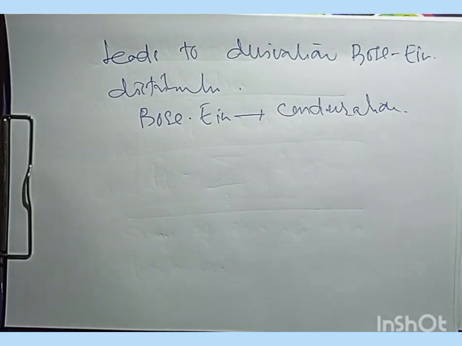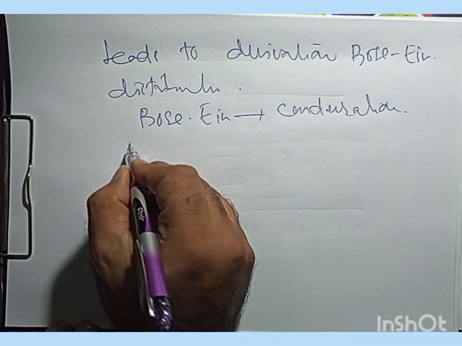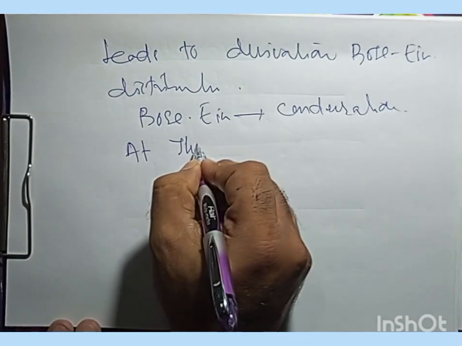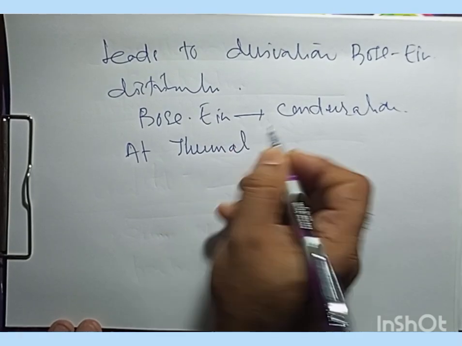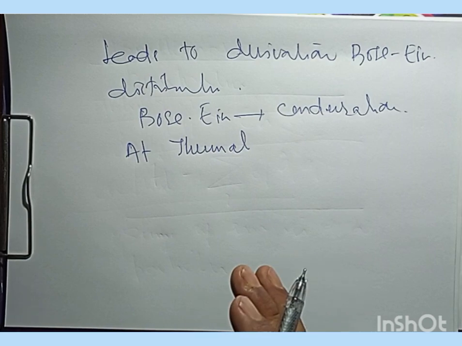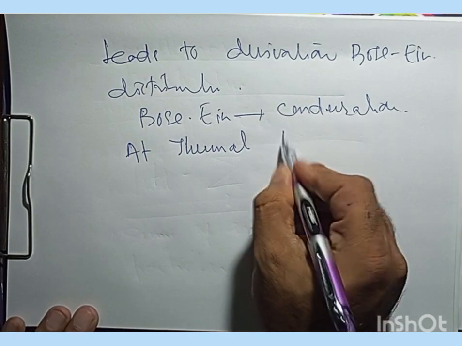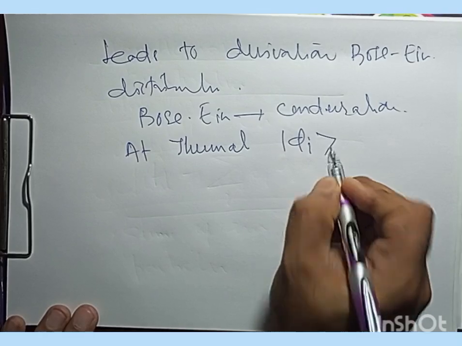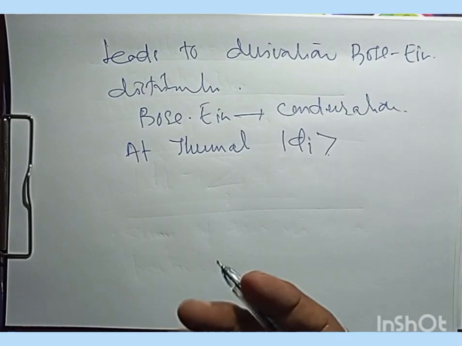Now, as we know, using quantum statistics, we can calculate this probability. At thermal equilibrium, we know from quantum statistics that the probability of a given occupation number in the state, which I have defined as phi i, is governed by a distribution.